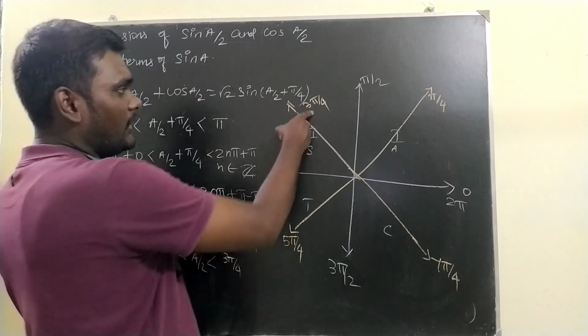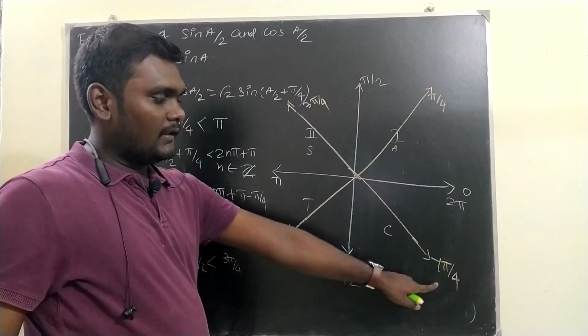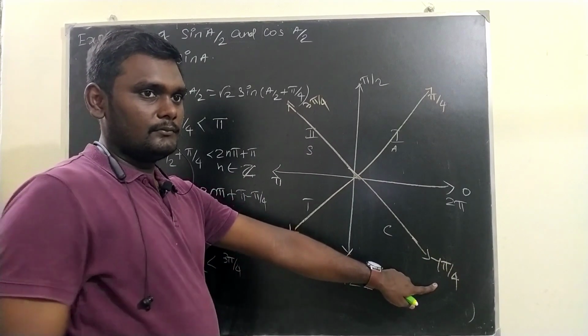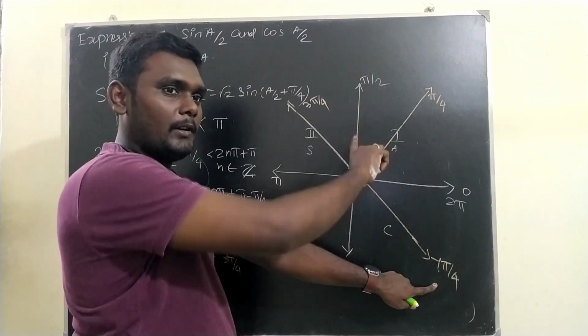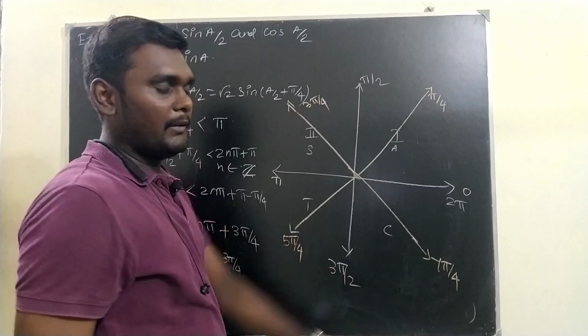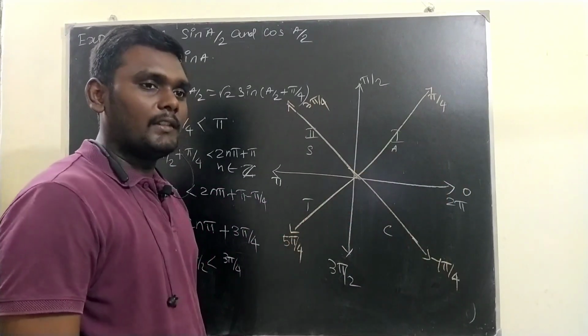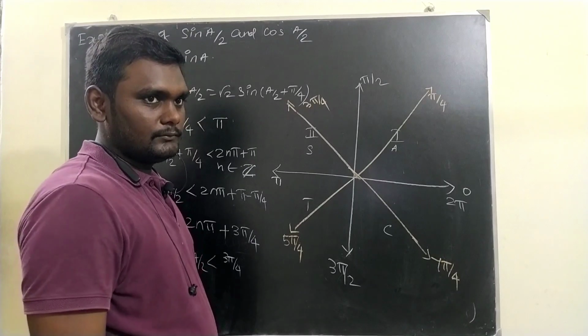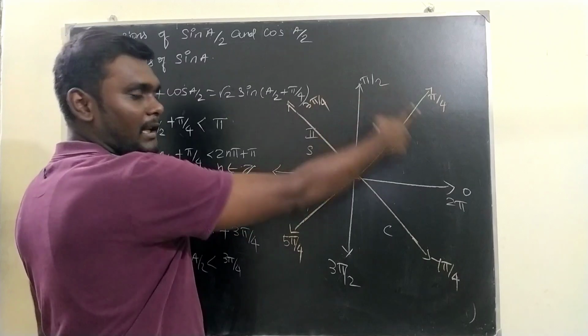Obviously our 3 pi by 4 is here. Minus pi by 4, where is it? This is minus pi by 4. Remember, anti-clockwise means positive, clockwise means negative. So this is minus pi by 4. So below this line it is positive. This is the range from minus pi by 4 to 3 pi by 4.